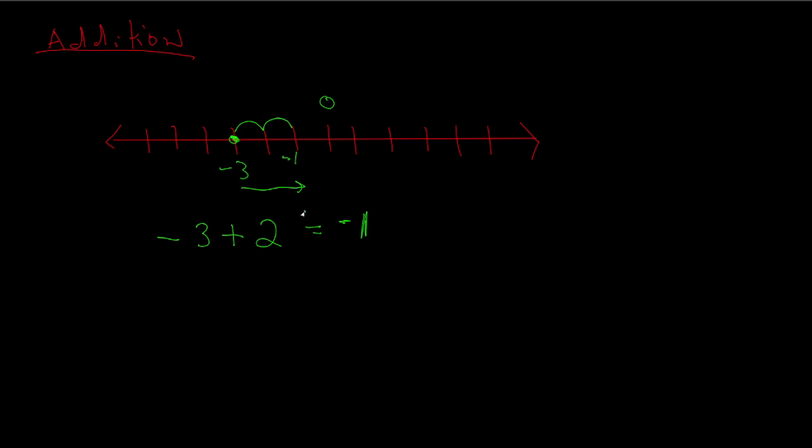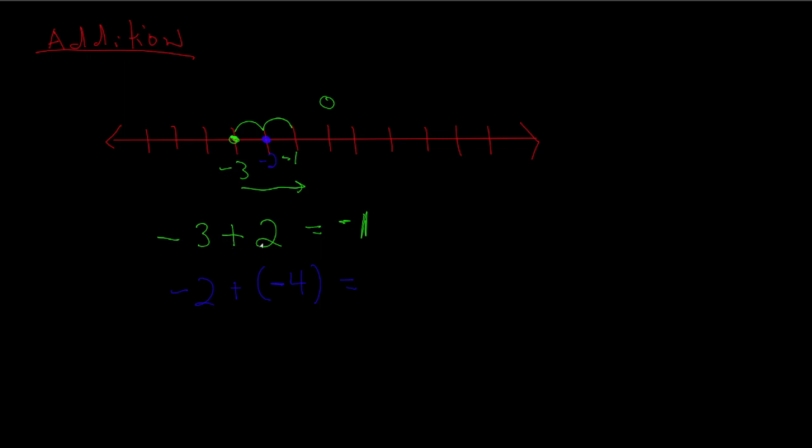I could start, let's start at -2. Let me change colors here so these can overlap. We'll make it a bright blue. So start at -2. And I'm going to add to it -4.